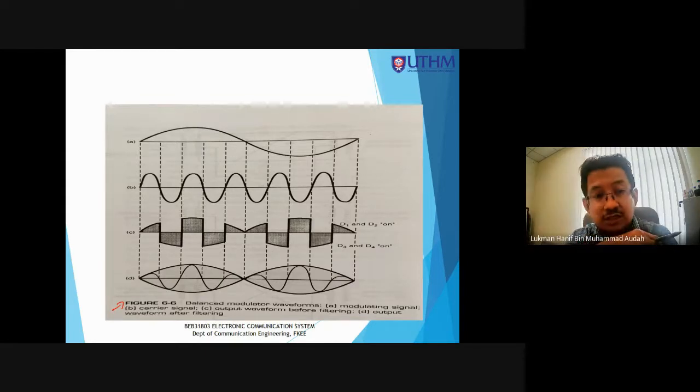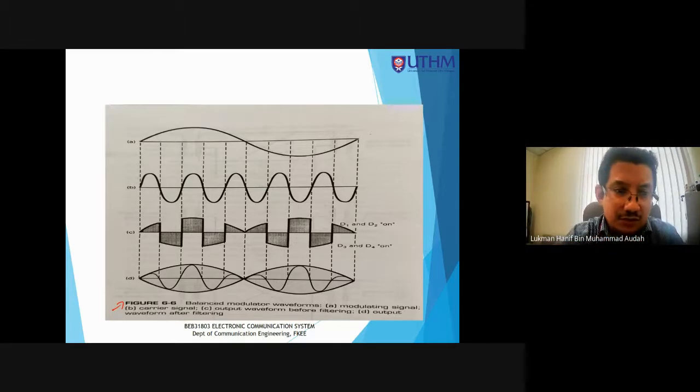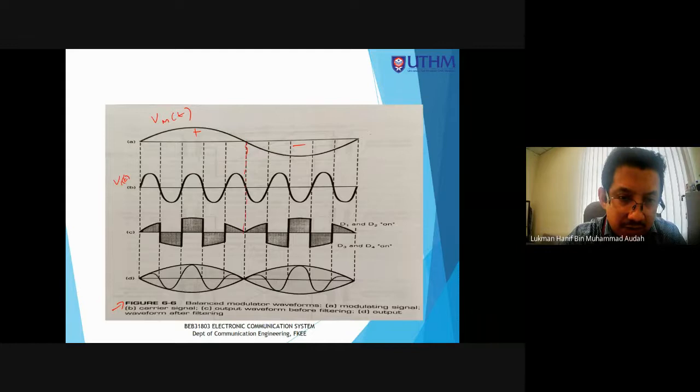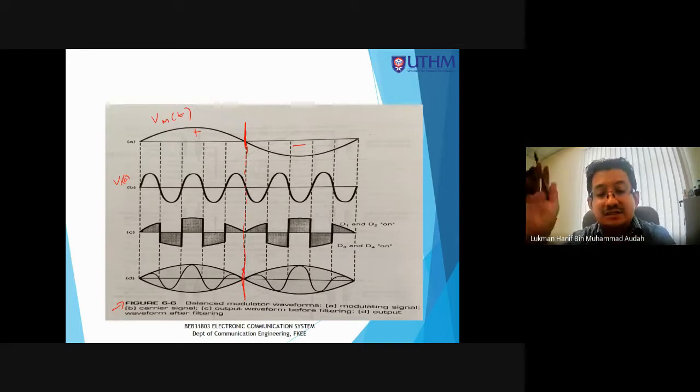Okay. Kalau dilihat di sini, atas sini adalah VMT dan di sini adalah VCT. Maknanya di sini adalah positive cycle of the VMT, negative cycle. Kalau you lihat pada bahagian zero crossing ini barulah berlakunya perubahan fasa 180 darjah. Sebelum berlakunya perubahan fasa, carrier component telah berubah polarity banyak kali.